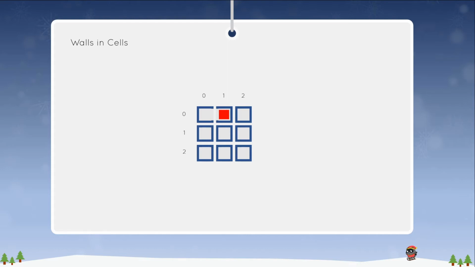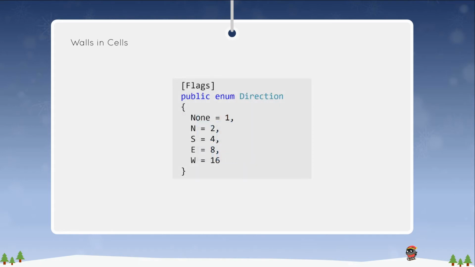Now, in the previous example, we were able to represent it all with a Boolean in each field. But now we're trying to store 4 different values for the 4 different walls in each cell. So how do we do that?